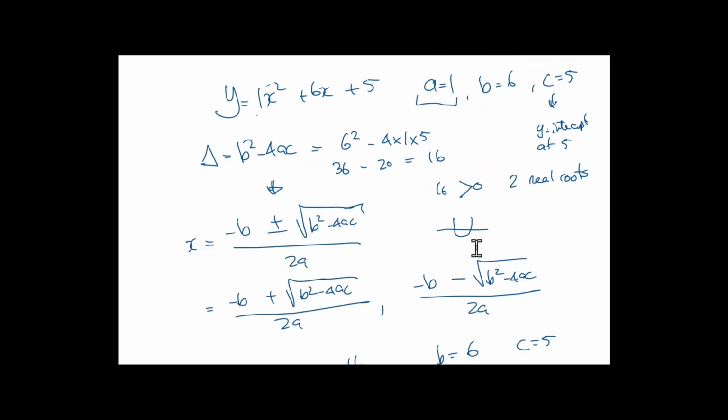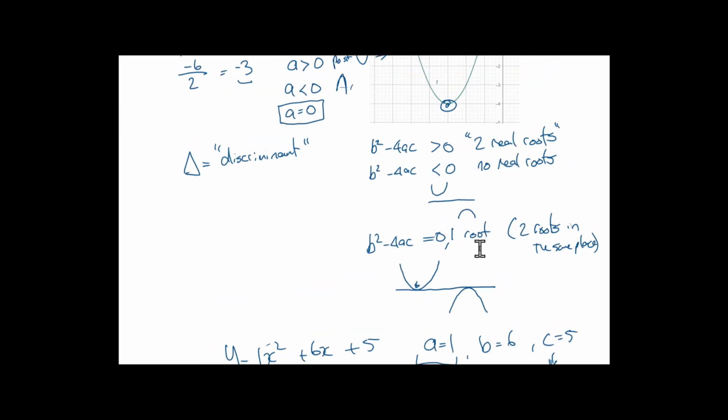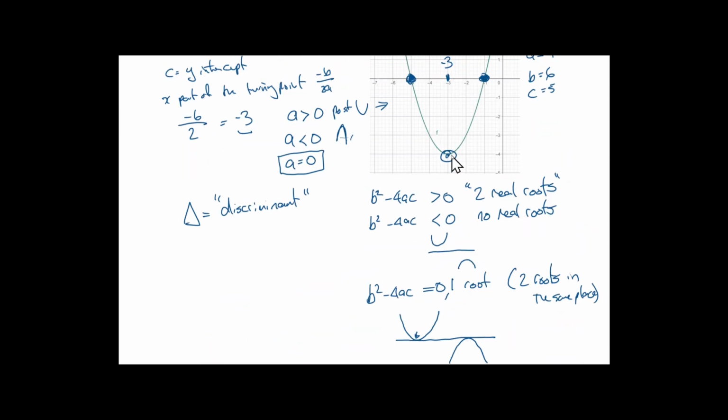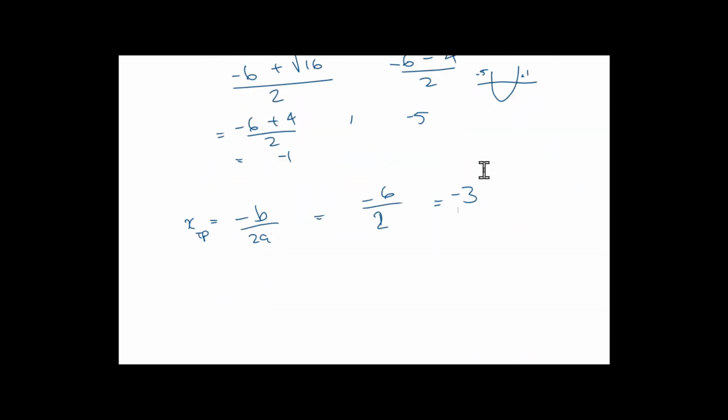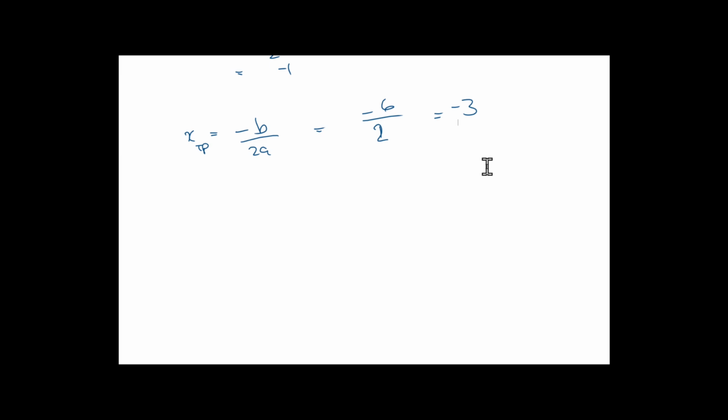Okay, what's the turning point? Well, we know the x value of the turning point is going to be minus b over 2a, which is minus 6 over 2 times 1, which is minus 3. If we have a look at our original graph, sure enough, it's at -3. So it's going to be -3, something.